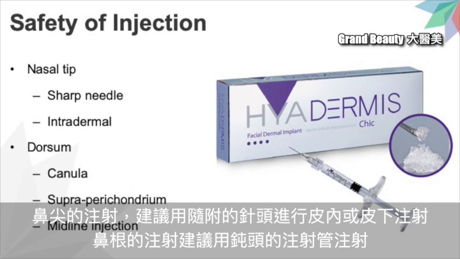Supraperichondrial or supraperiosteal injection was performed. It is recommended to keep the injection along the midline with the surgeon's fingers along the nasal side walls. This technique can keep the product in the midline.